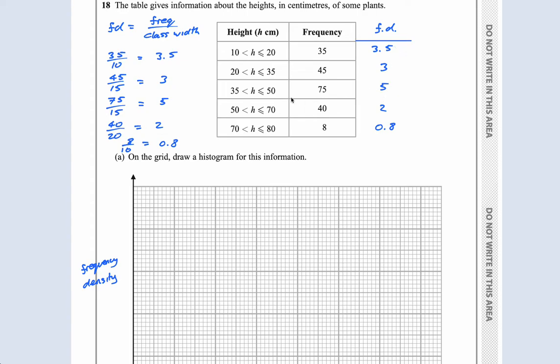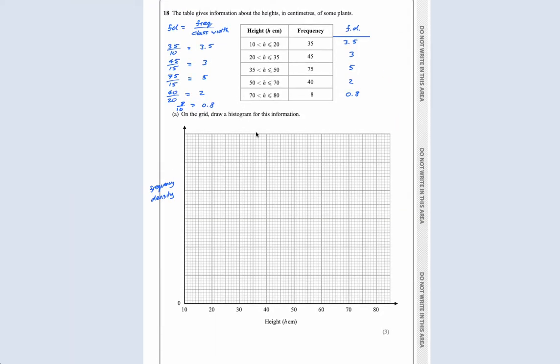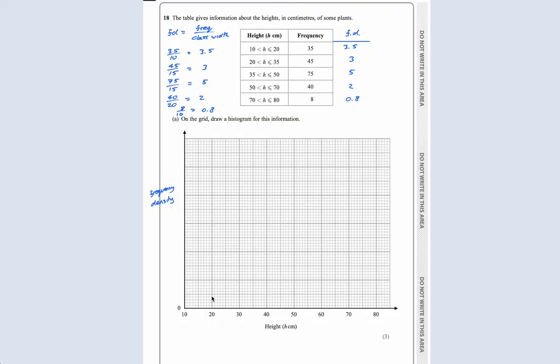Okay, that is correct. Then I need to plot this down here. Right, let's zoom out a bit. Okay, between 10 and 20, I need to go up to 3.5. I think, guys, I'll just do that's 1, that's 2, that's 3. So that would be 3.5 here.